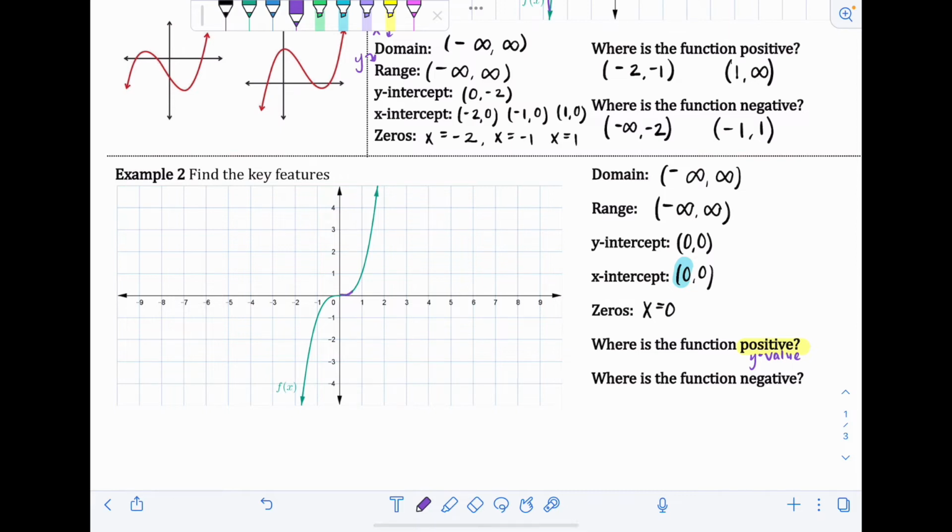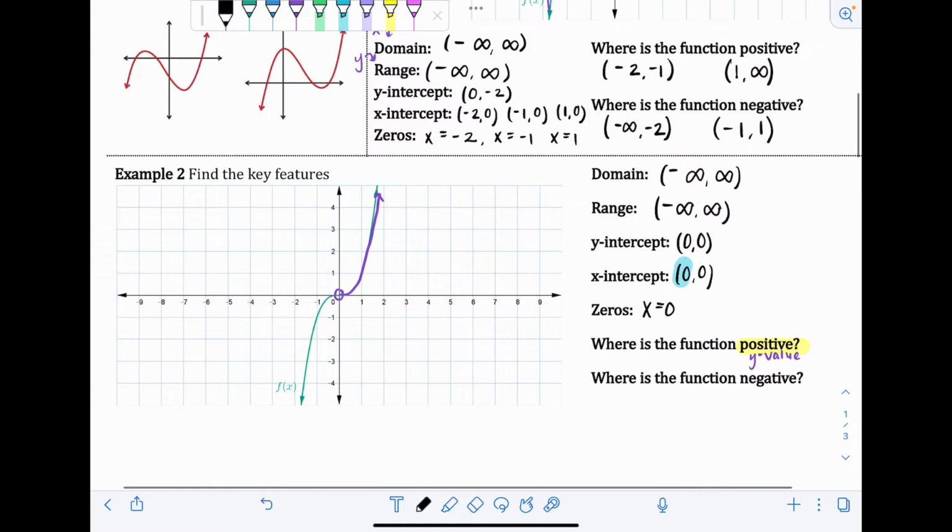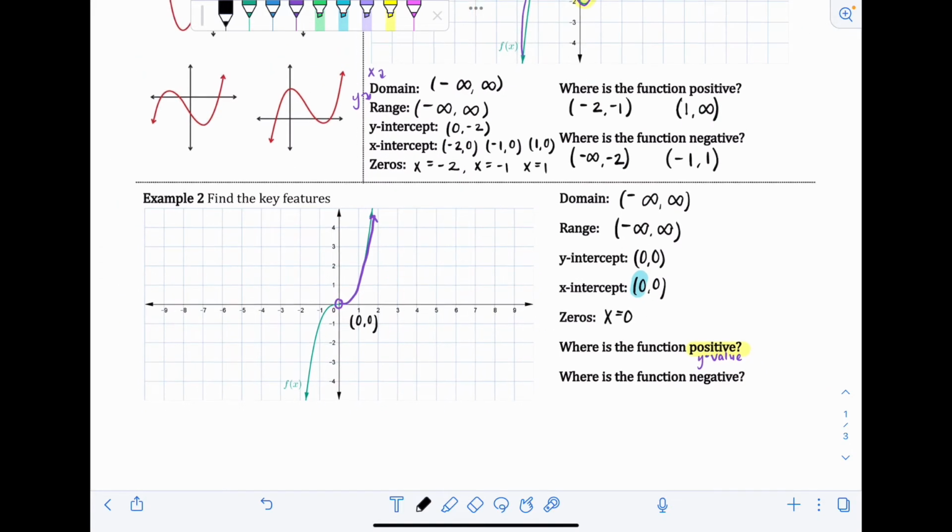So that's this whole section right here. It starts being positive at the origin, that's the point (0, 0). But I'm really just focusing on what x value is the point where it changes from positive to negative. I know they're the same number, but it's important to know that we focus on the x coordinate here when we're looking at where it is positive, where it is negative.